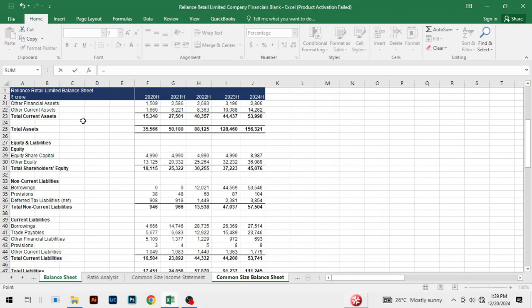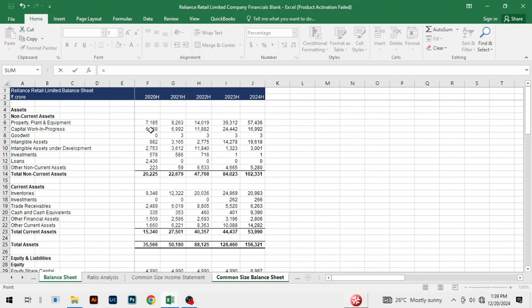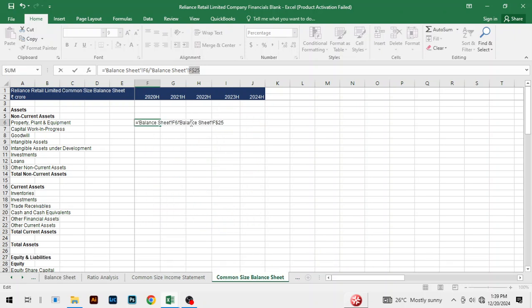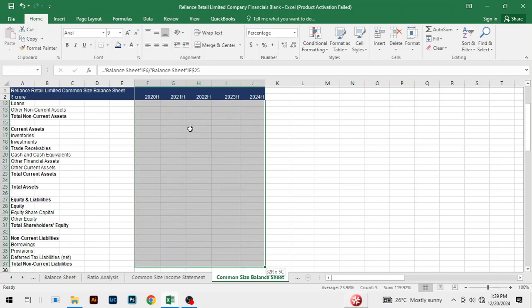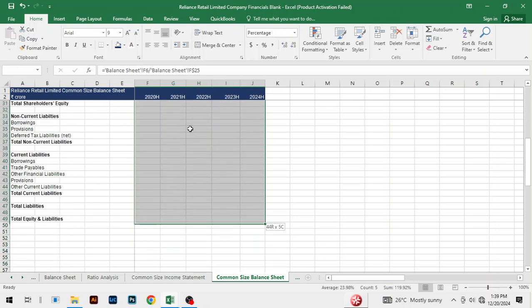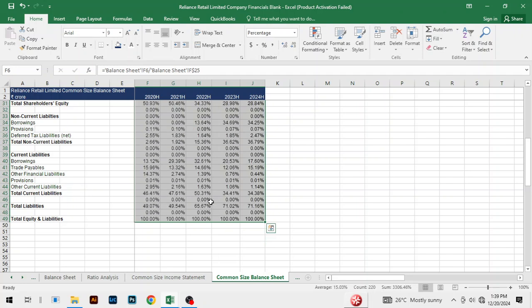We go back to the balance sheet, and here's the property, plant and equipment. So we want to keep row 25 fixed. We do the same as what we did previously. We keep that fixed, and then we copy that to the right, and we copy that down as well, right? So here, perfect.